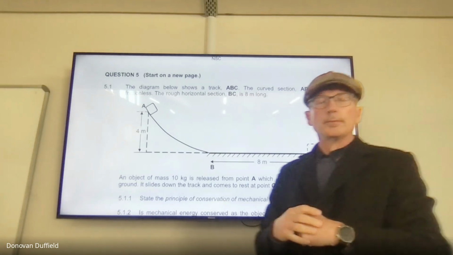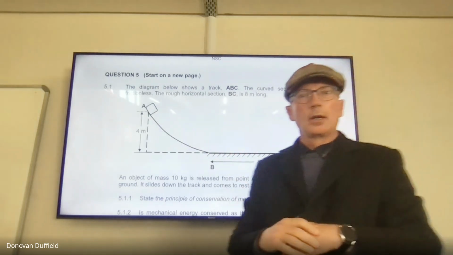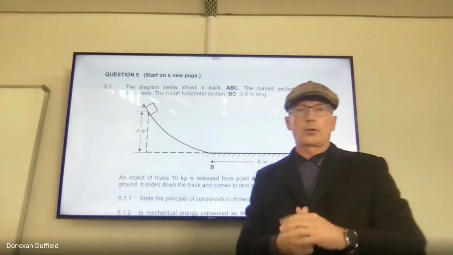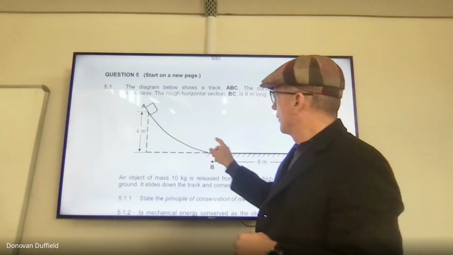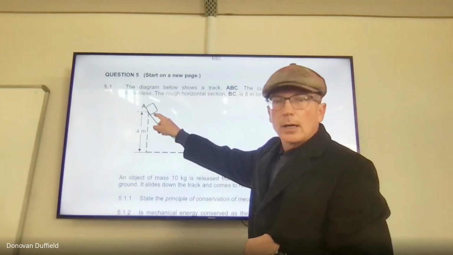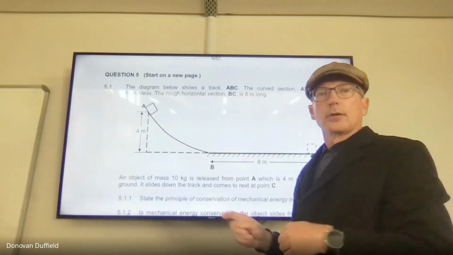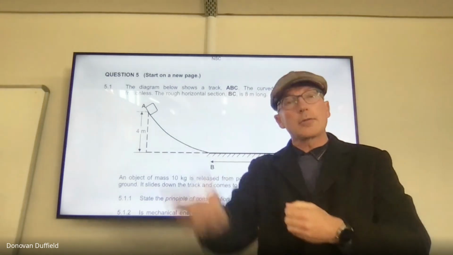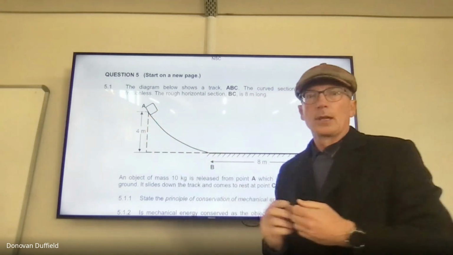If we were to have an applied force that's consistently pulling the object down, then that too is a non-conservative force. Now that can come in different forms. It could be if you had a little motor here and you had a cable applying a tension force pulling it down, that would be a non-conservative force because it is going to increase the mechanical energy of the object.